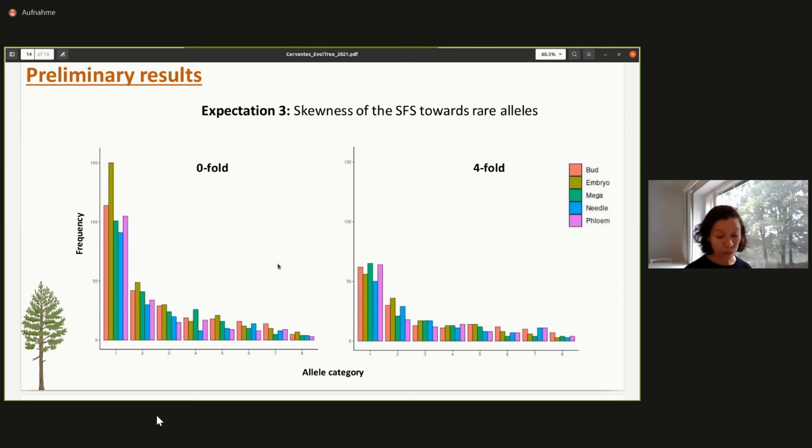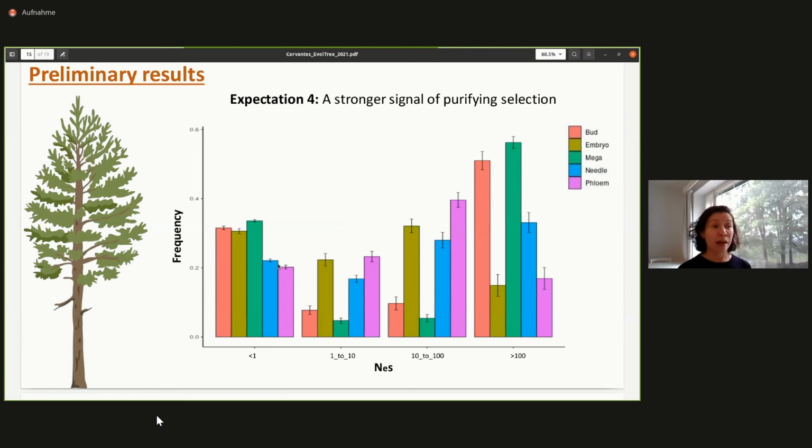Our fourth expectation is that we should see a stronger signal of purifying selection in the genes that are haploid tissue-specific expressed. What we are looking at here is the distribution of fitness effects of new mutations. On the left part of the graph, we have mutations that are neutral or nearly neutral, and on the right side of the graph, in this part here, I hope you are seeing my mouse, we have mutations that are strongly deleterious.